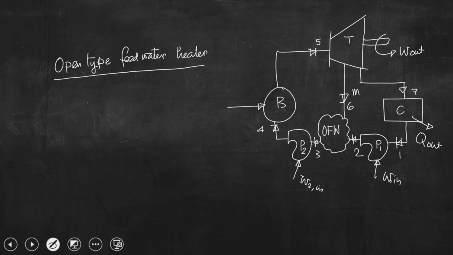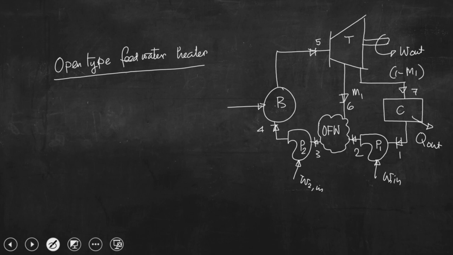The fraction of steam to be extracted depends on the criterion that the state of the mixture at the exit of the open type feed water heater should be saturated liquid. So, this is m1.